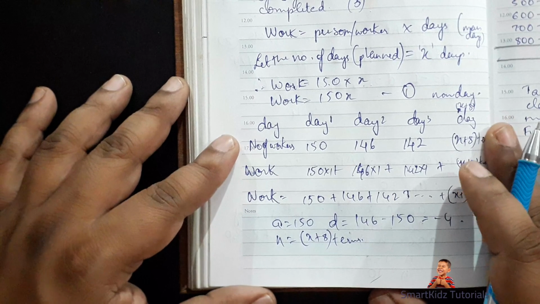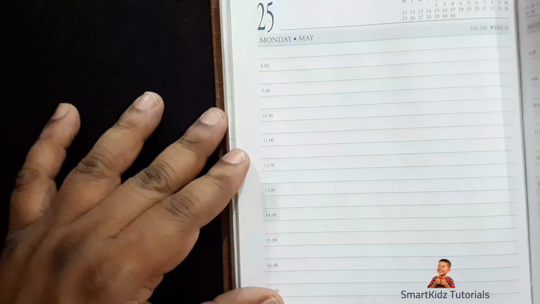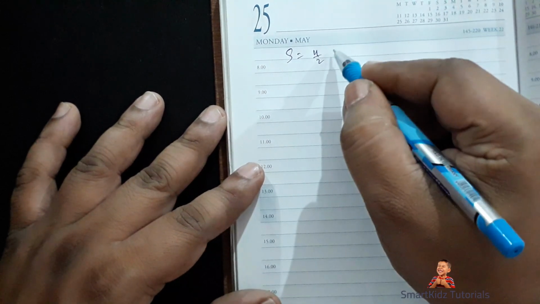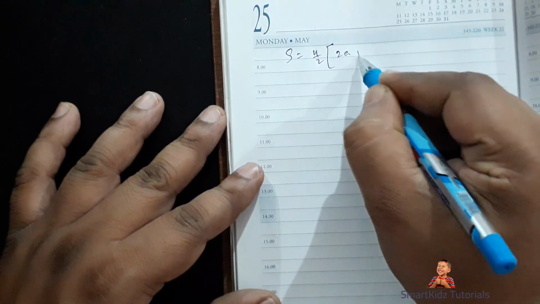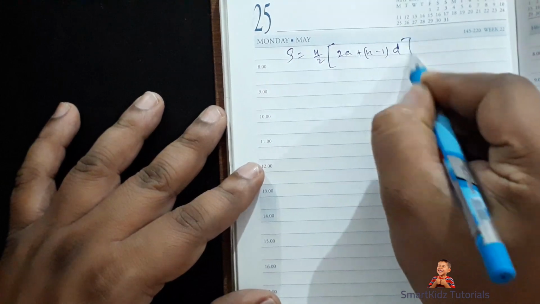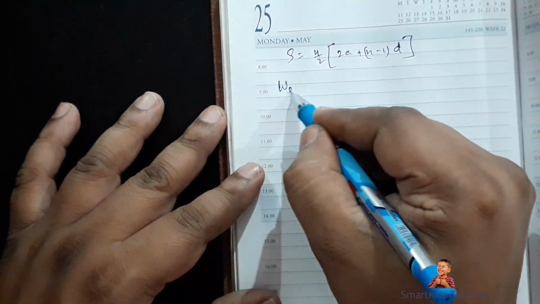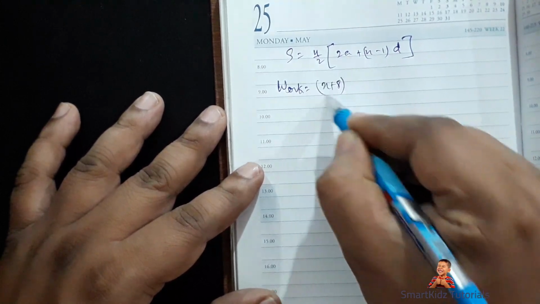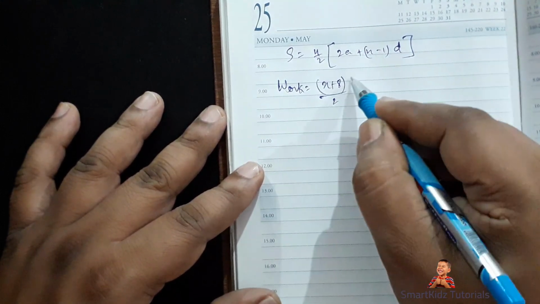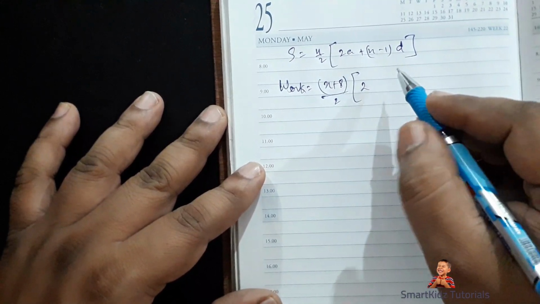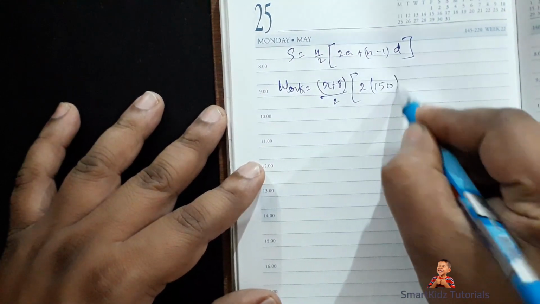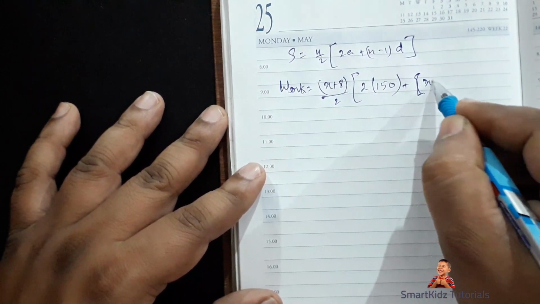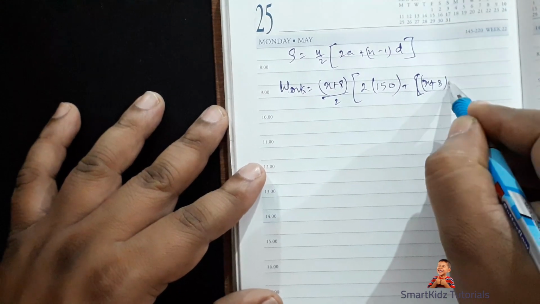So moving further, we take the formula S is equal to n upon 2 into (2a plus (n minus 1) into d). Here this S will mean work. So work will be, n we've taken as x plus 8, upon 2 into 2 times a, which is 150, plus (x plus 8 minus 1).